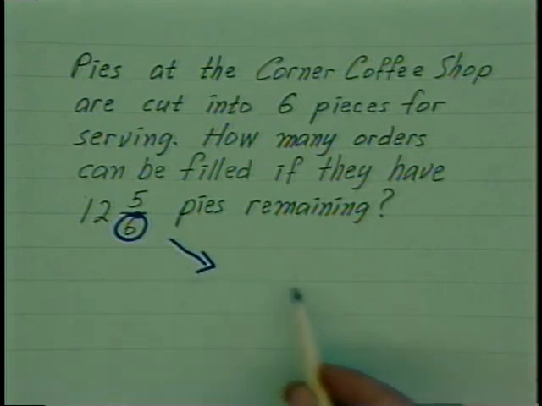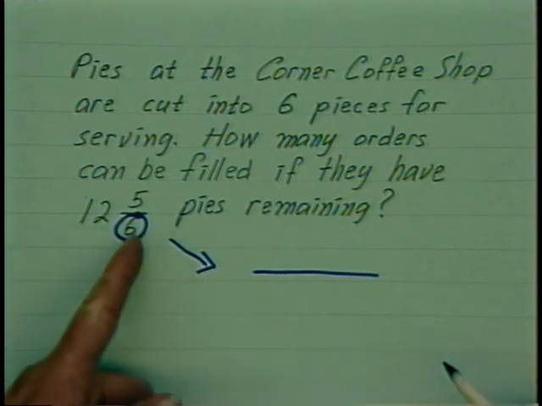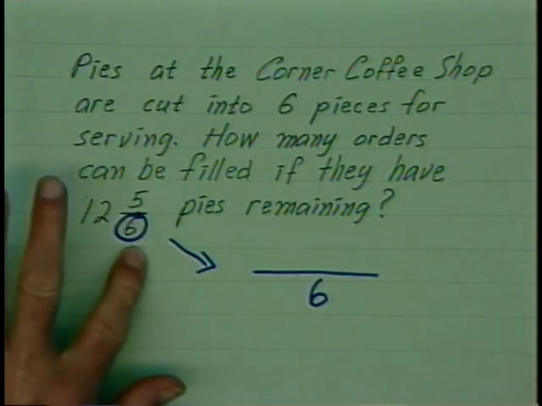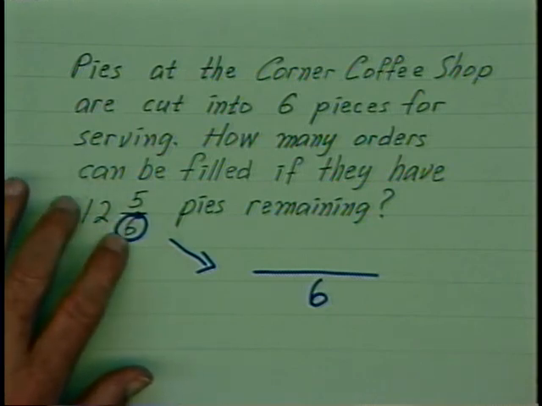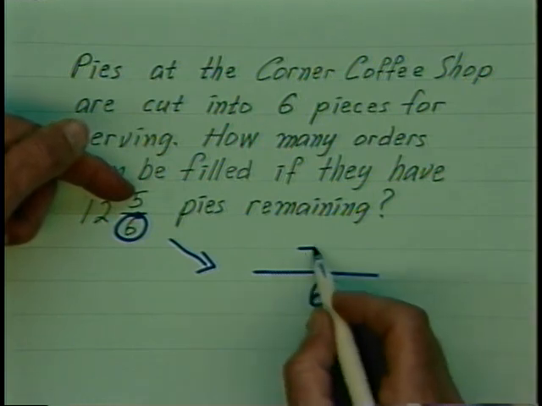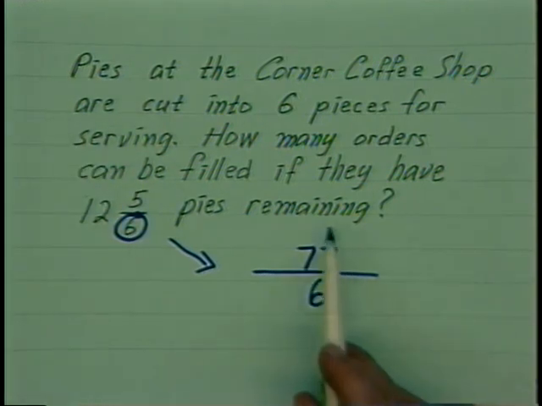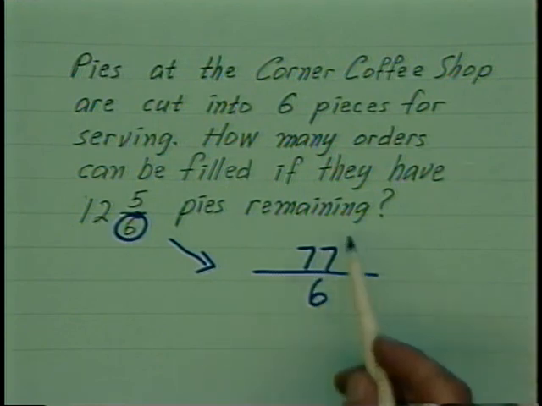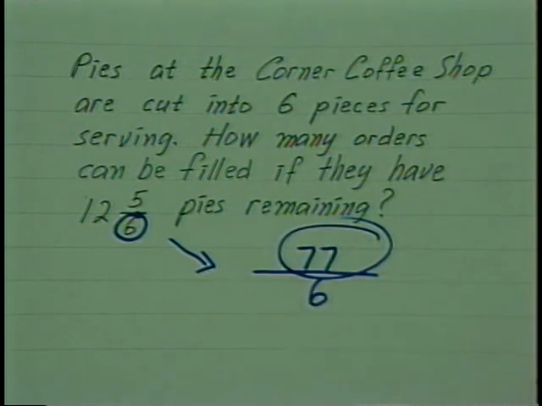Well, you can see that if I convert this to an improper fraction, leaving the denominator the same, then bottom times whole number is 72, plus 5 is 77. So we have 77 of those 6th-sized pieces of pie. So we have 77 servings of those 1/6 of a pie left.